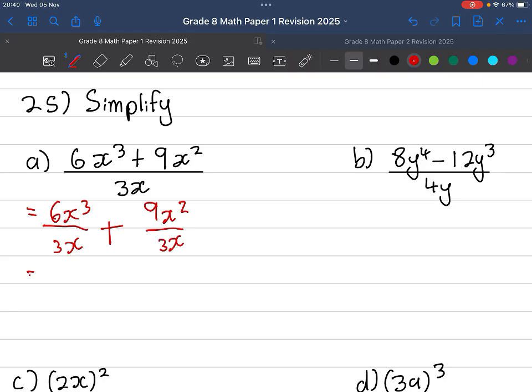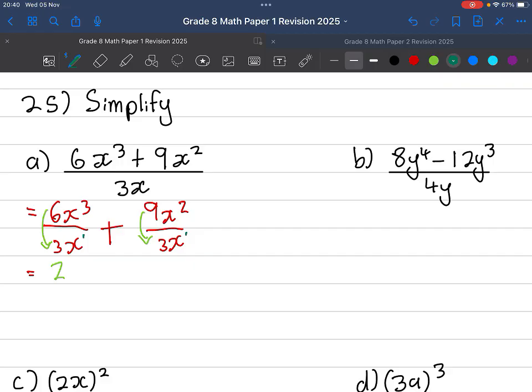Okay, now we're going to divide this by this and this by this. So what's 6 divided by 3? That's going to be 2. What's x cubed divided by x? Remember, we're going to follow the law of exponents where there's an invisible 1 here. And when you're dividing, you subtract the exponents.